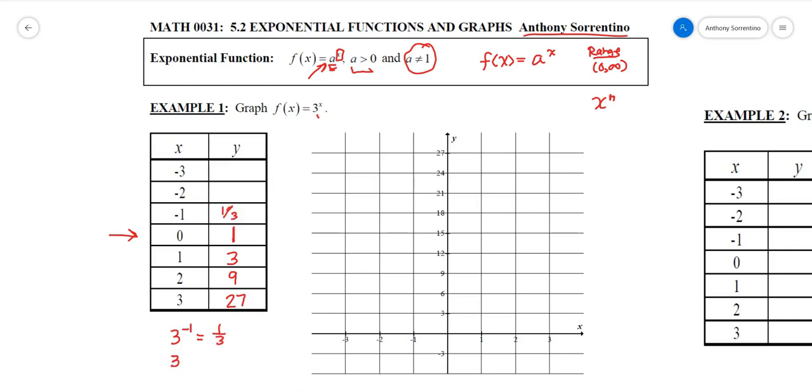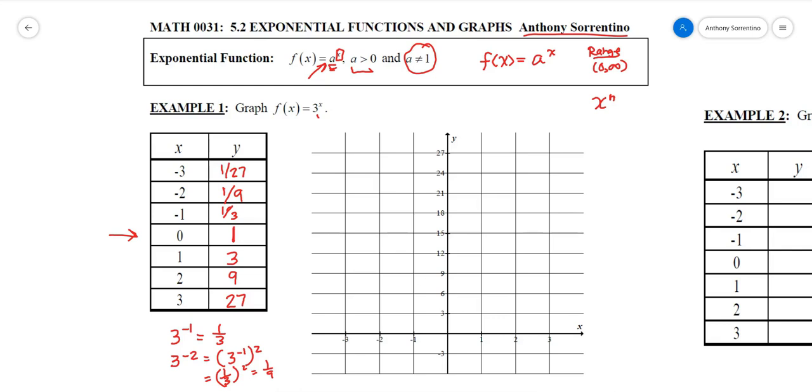Whereas if I do 3 to the -2 power, I can think of that as 3 to the -1 power squared. And that means I'm doing 1/3 squared, which would be 1/9. And very similarly, if I raise 3 to the -3rd power, I get 1/27.